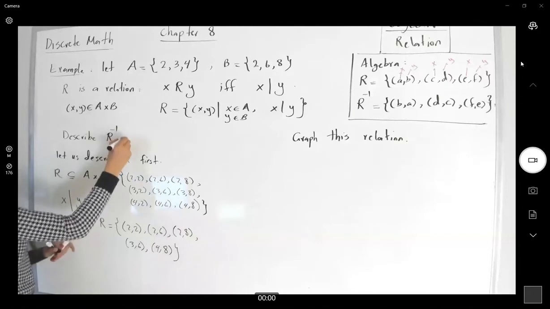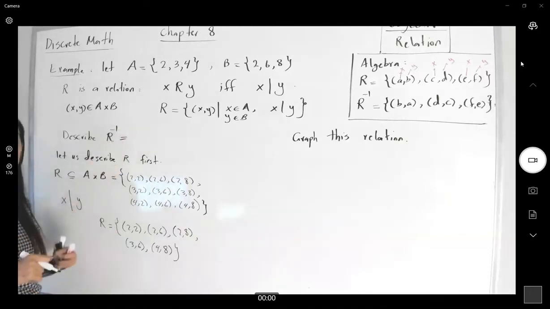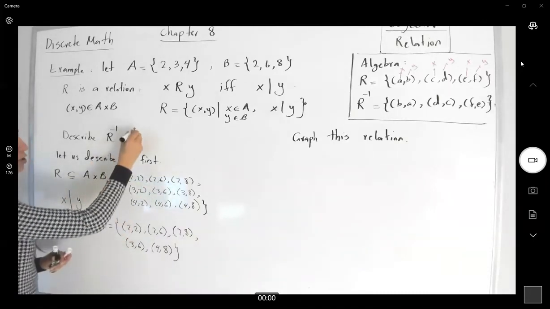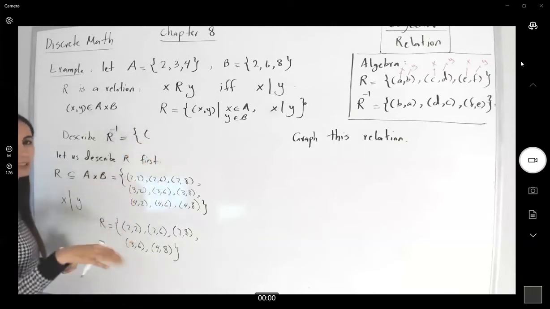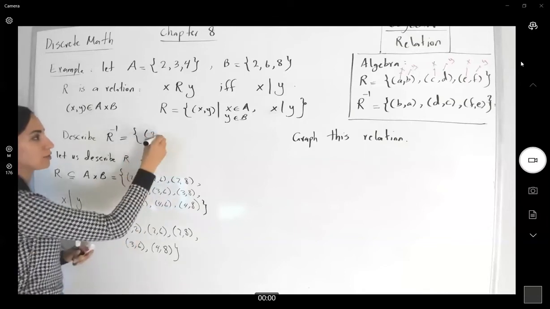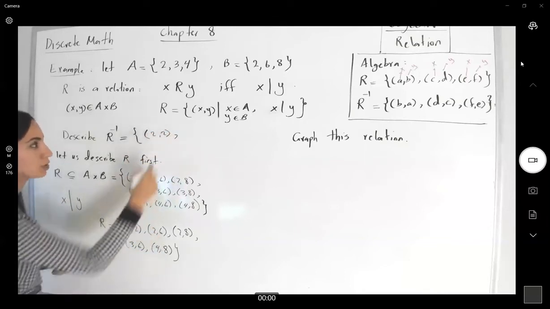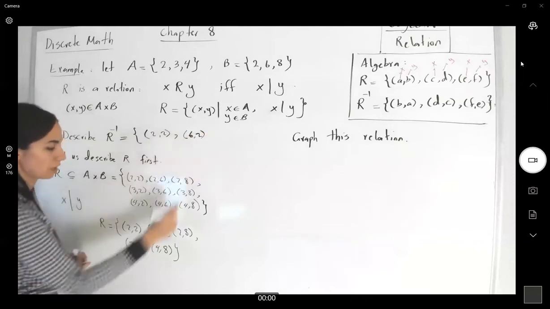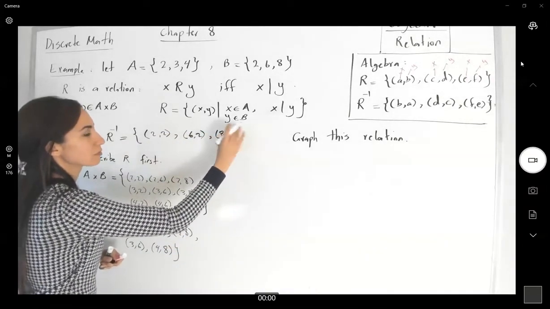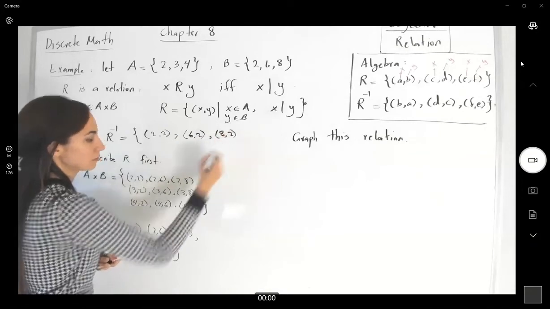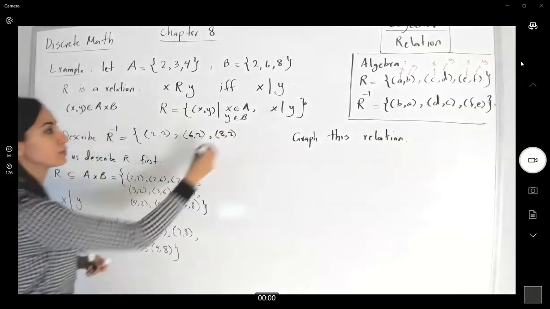We can easily describe the inverse of this relation by switching X and Y's. For the first point, it doesn't matter. You have 2 and 2. For the second point, you get 6 and 2. For the third point, 8 and 2. Then you have 6 and 3.